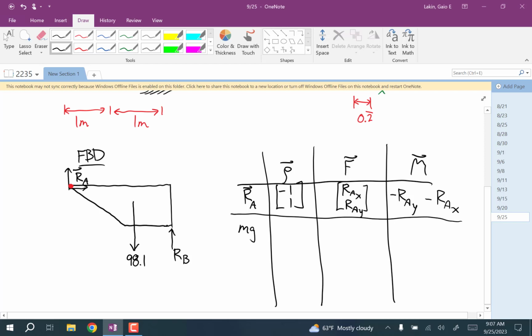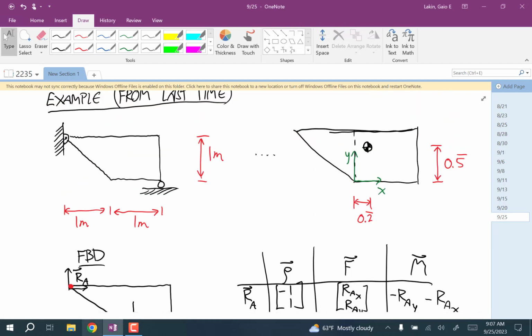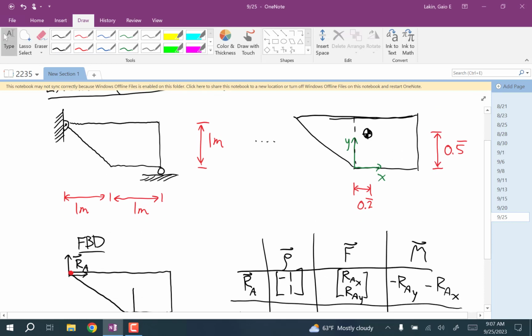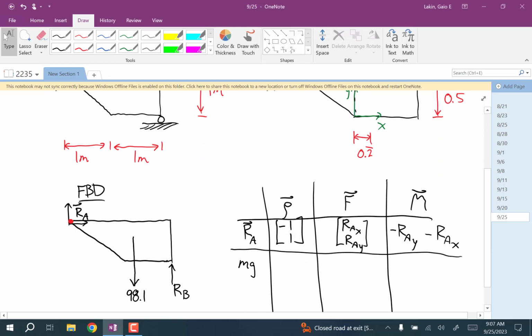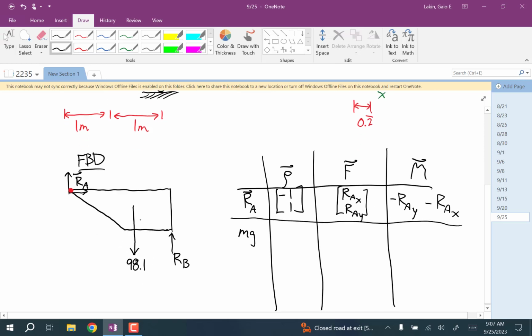Well, we have the location of that weight force in terms of this coordinate system. What we want for rho is from the about point to where that force is applied.